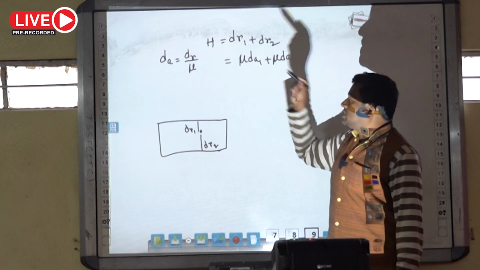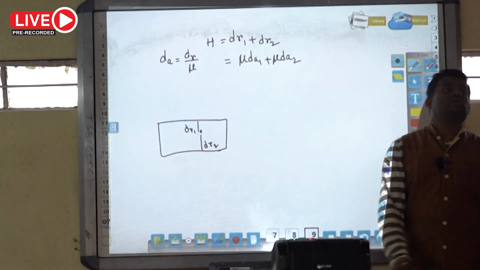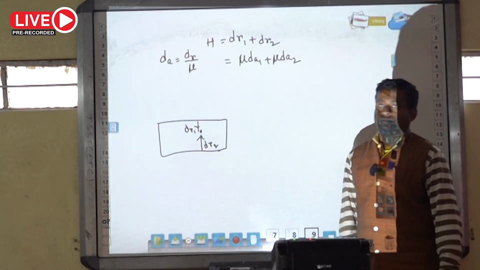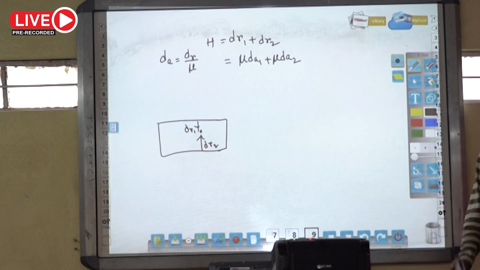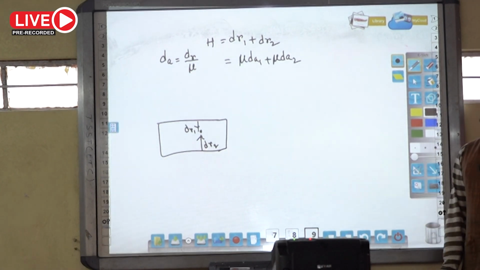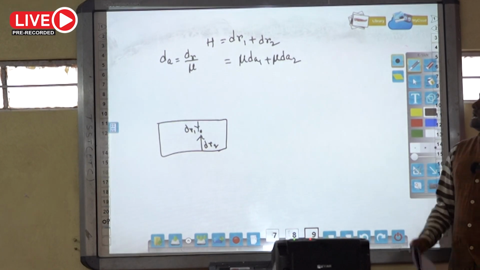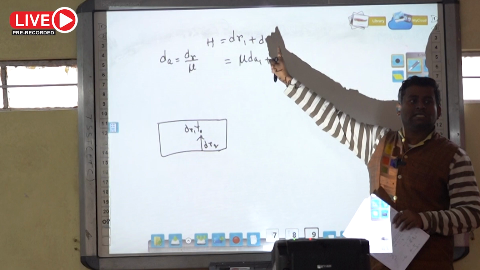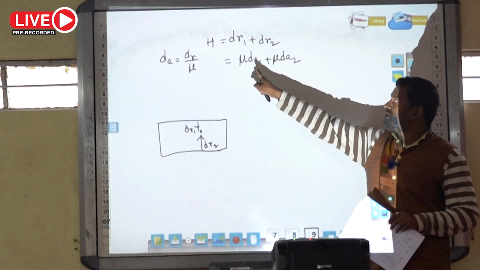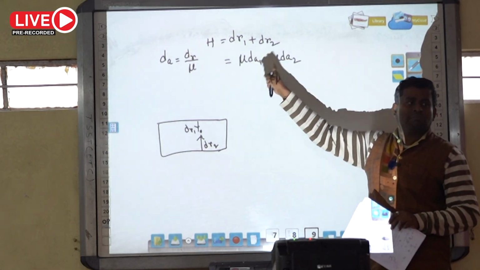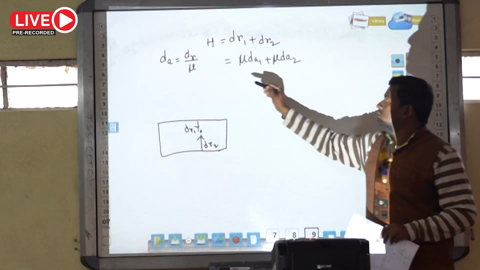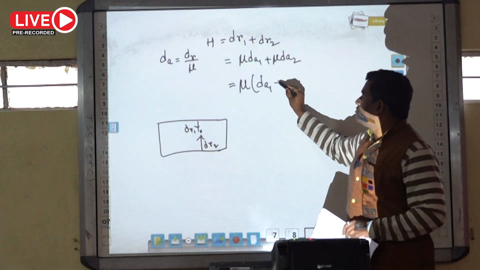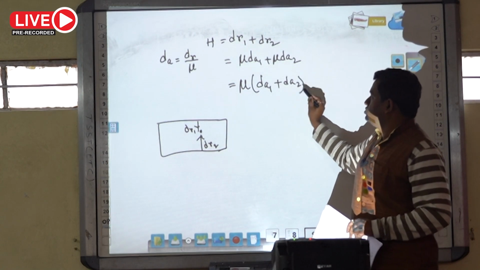Total thickness of the slab is the sum of the two real depths from both sides. The 1 and 2 are suffixes, d real 1 plus d real 2. Now this will be mu times (d apparent 1 plus d apparent 2). So mu is common, just calculate d apparent 1 plus d apparent 2.